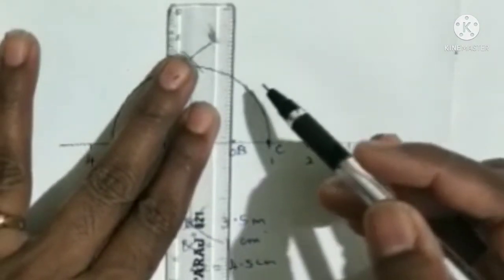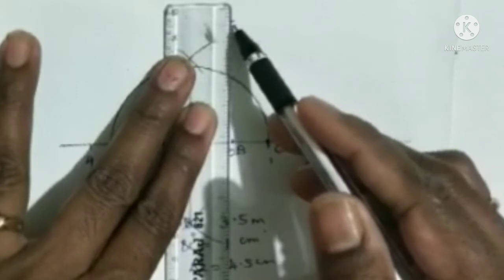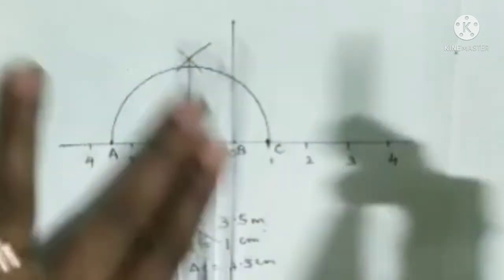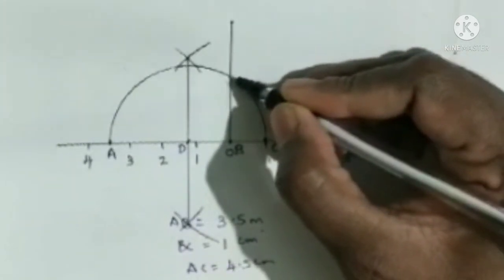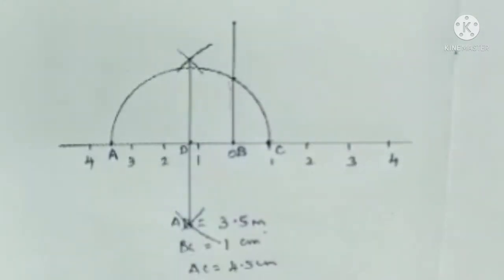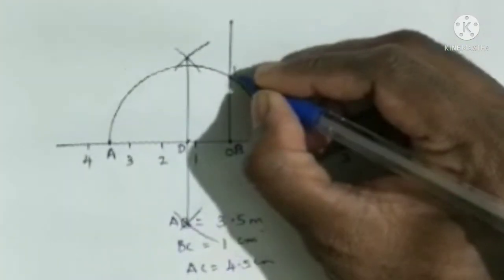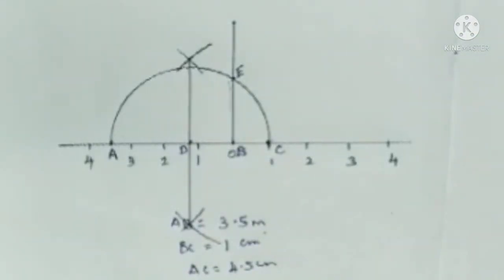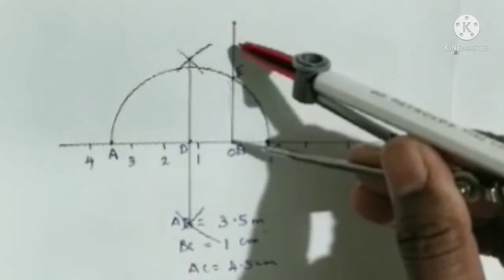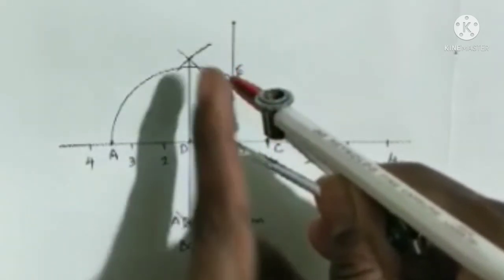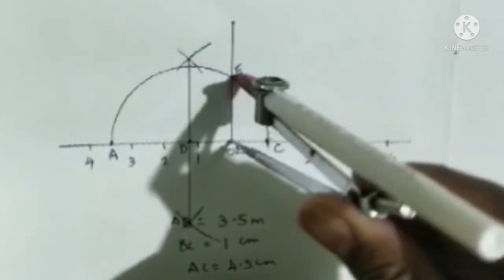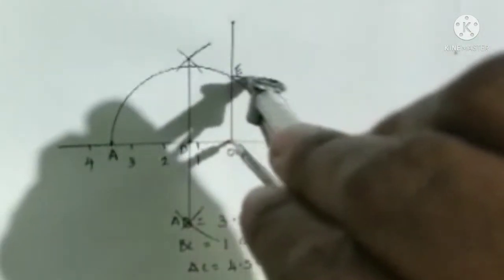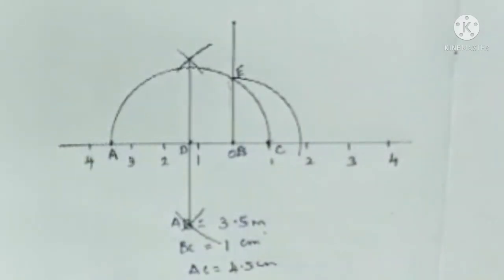Then join the point to B, and that line intersects the semicircle at the point E. Then you should measure BE. Measure BE, then draw an arc.